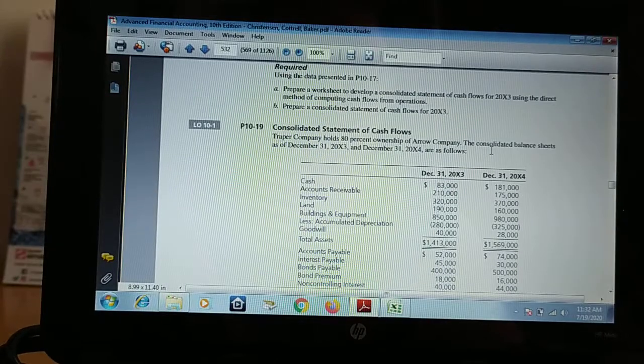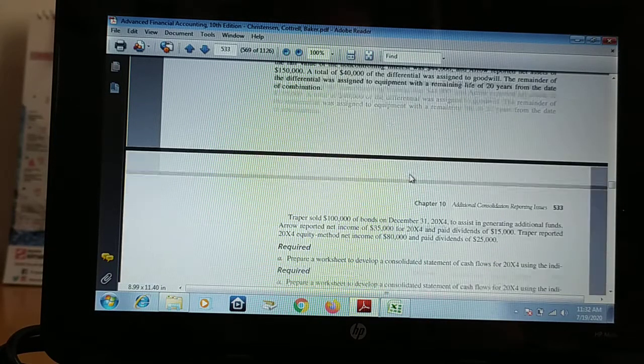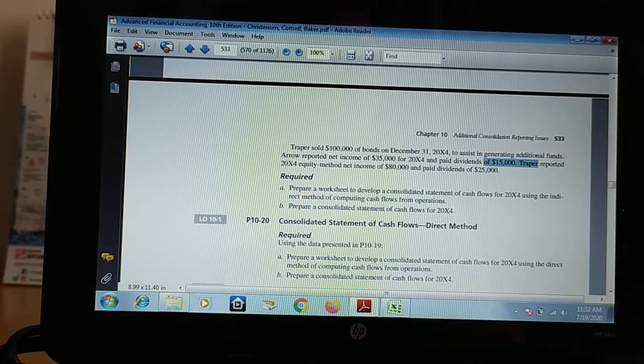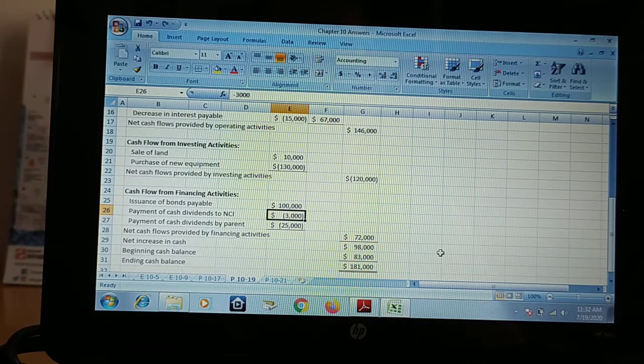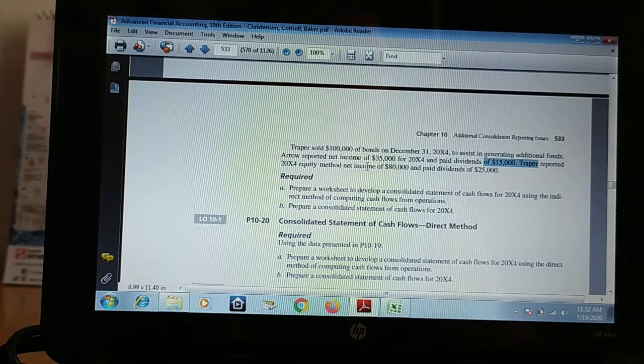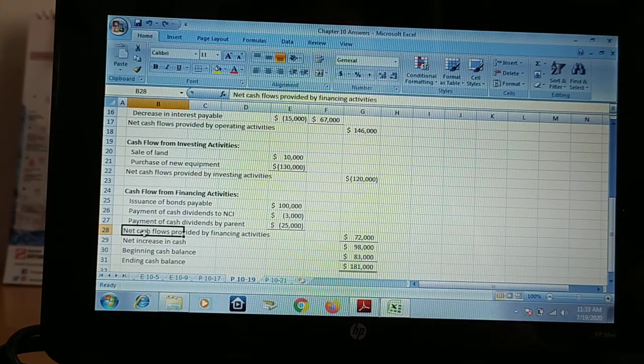The NCI percentage is 20% because Trapper only purchased 80%. So 20% of 15,000 is 3,000. And then the payment of dividends by Trapper, the parent, is the whole 25,000. So the net cash flow provided by financing activities is 72,000.